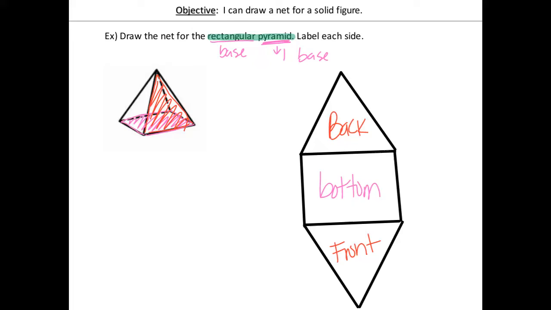So notice that the left and the right side are also going to be triangles. Here you can see also triangles, but they're going to be skinnier than the other ones. Okay, so I'm going to draw my other triangles, but they should be skinnier than the other sides.